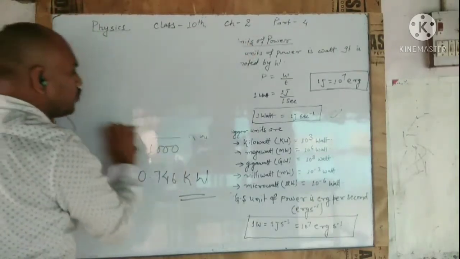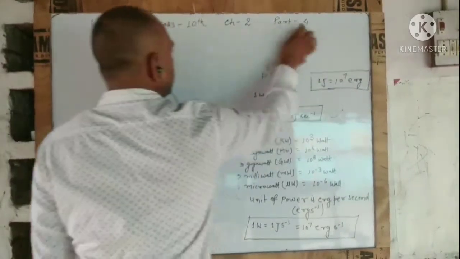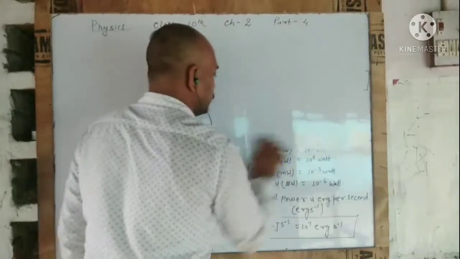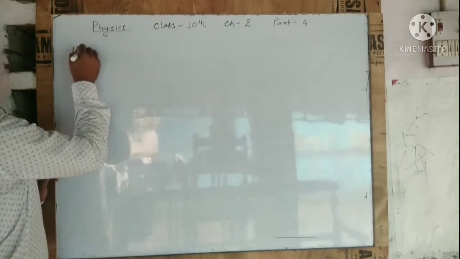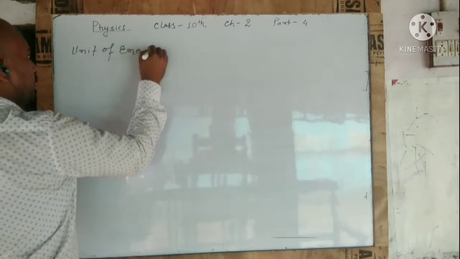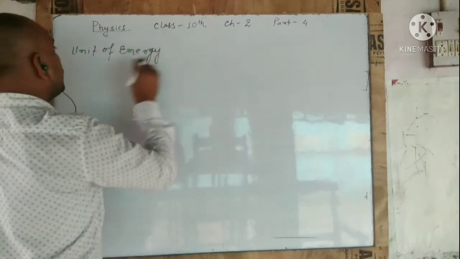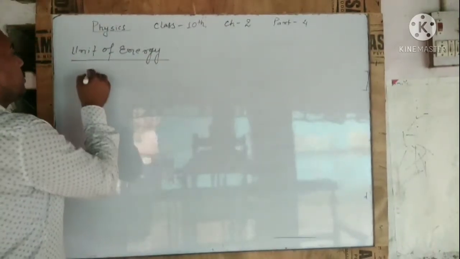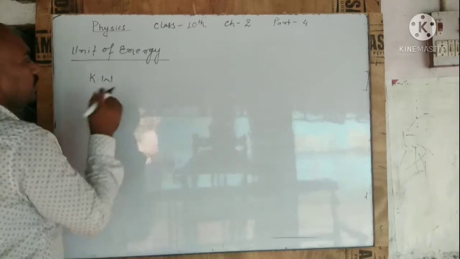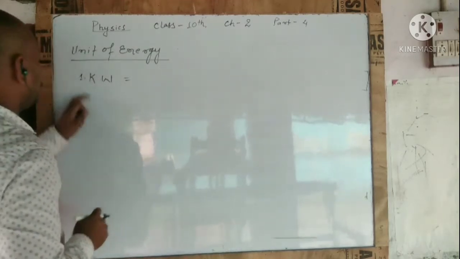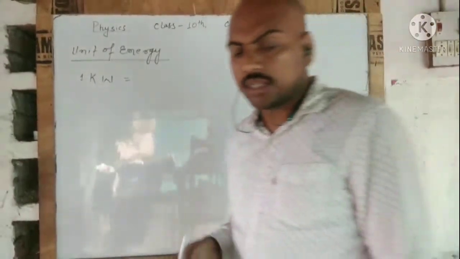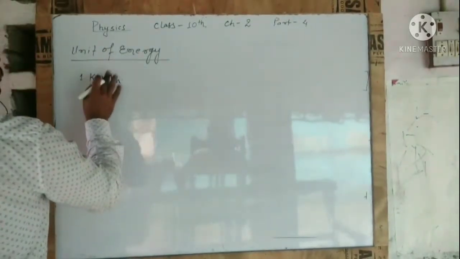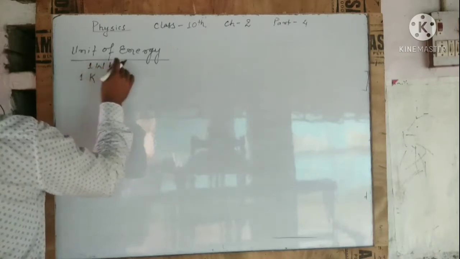The SI unit of energy is joule, but some other units are watt hour and kilowatt hour.